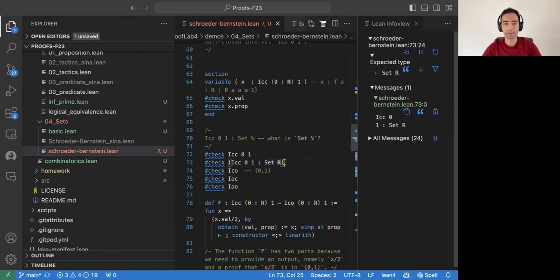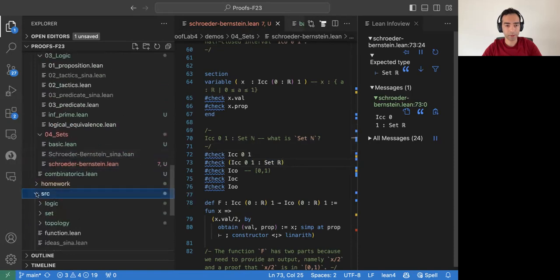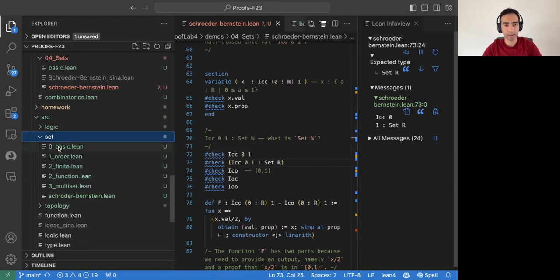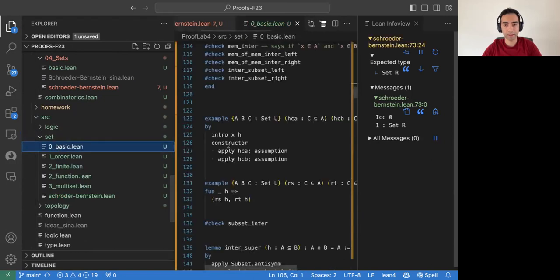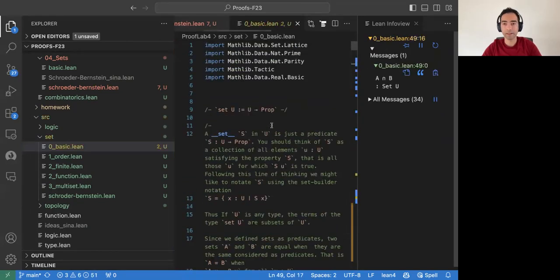in which we are going to understand what this set business means. So if you look at the folder source, there's a subfolder called Set, and Set basic has all you need to know about sets essentially. So I suspect you will need this file for the next homework questions.